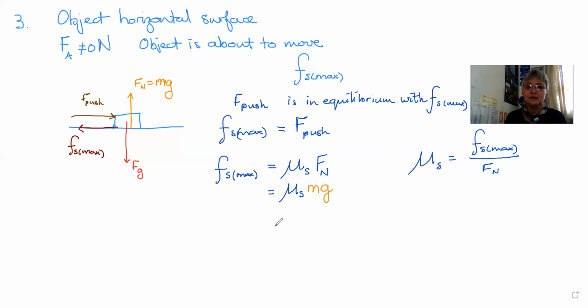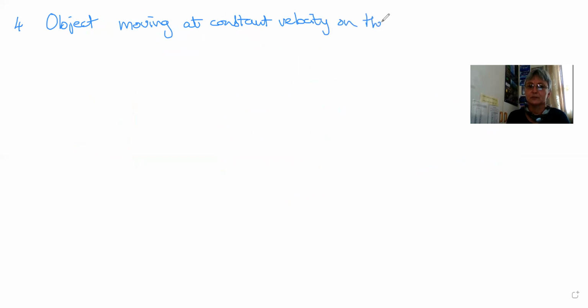Right. In the next example, number 4, I am going to have the object moving on the flat plane. So we've still got the same object, but now it's moving at a constant velocity on the horizontal plane.